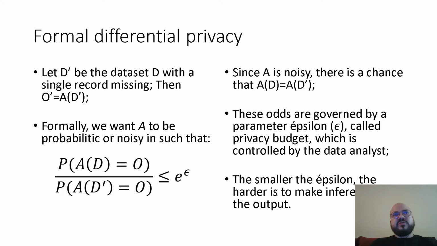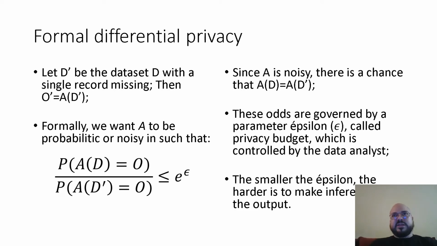Machine learning algorithms and statistical procedures are subject to error, so the result of them is probabilistic. We want to manipulate this probability such that the odds of having a particular result are not really dependent on a single individual in the data set.